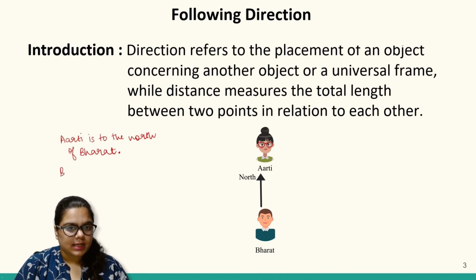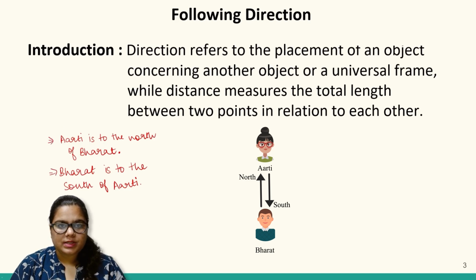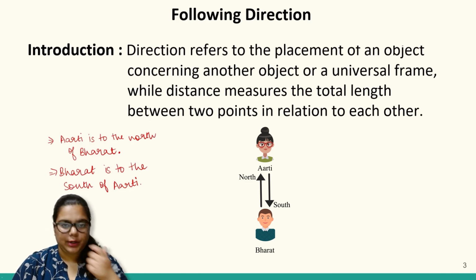Similarly, I can write that Bharat is to the south of Aarti, because from the point of view of Aarti, Bharat is towards the south. So this concept of identifying the direction with respect to your original position is also very important from the examination point of view.